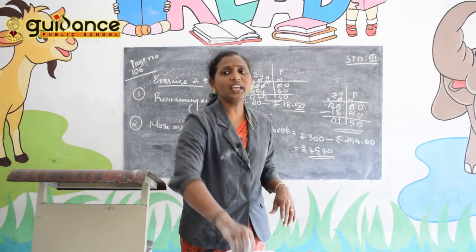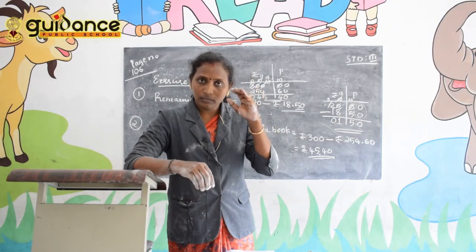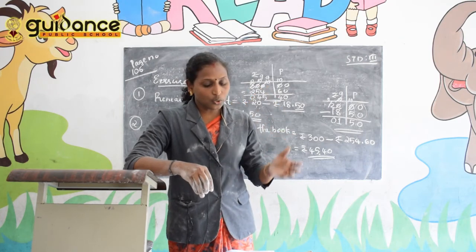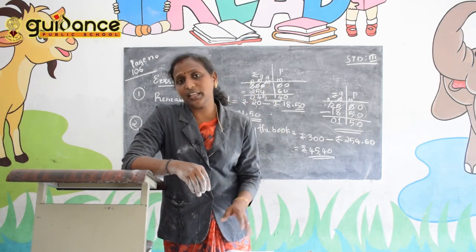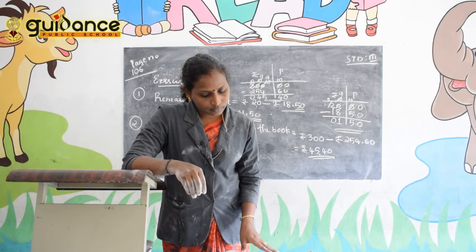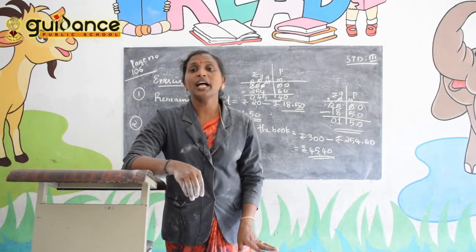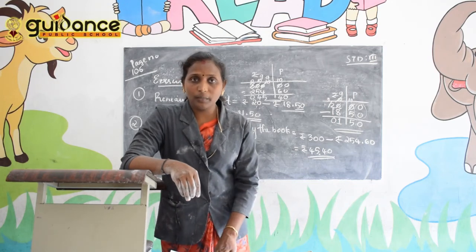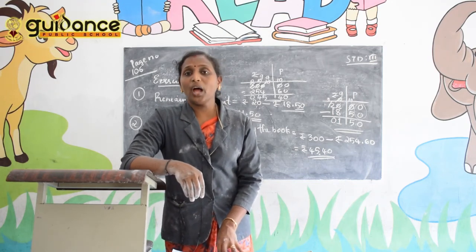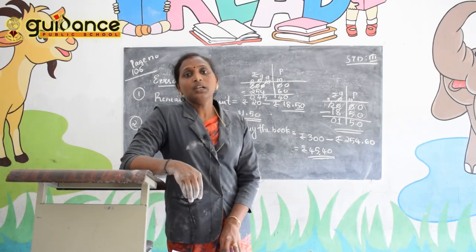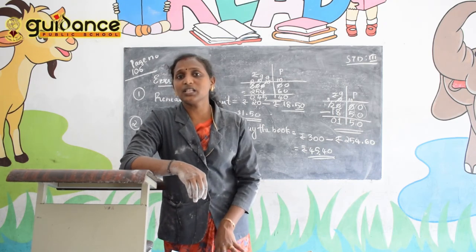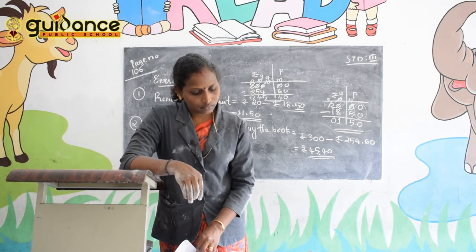So we studied the subtraction of money, using subtraction of money to find the amount. Okay, exercise 2.5, two questions, and we will do the word problems of exercise 2.3 using the addition of numbers to find the answers.